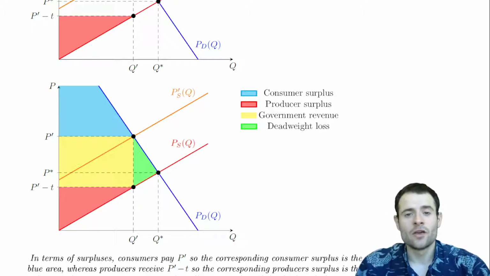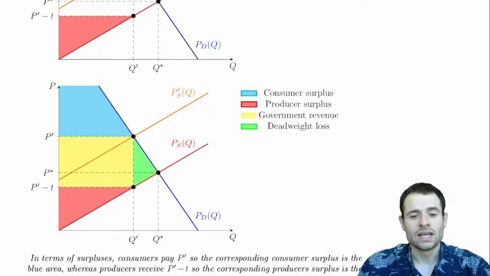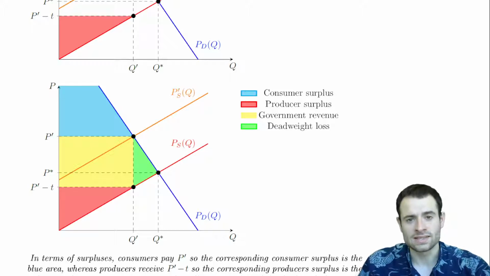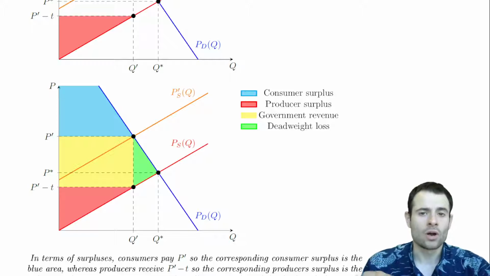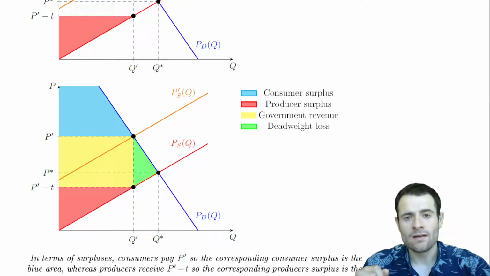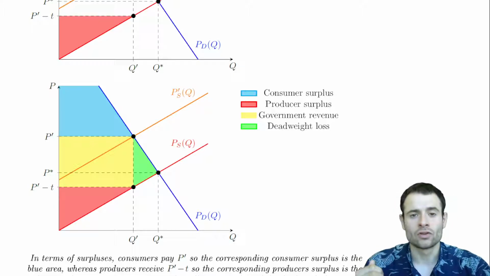Again, it is a very powerful result that says it doesn't matter if you tax producers or consumers. What matters is who is more elastic. The part of the market which is going to be more elastic will have a lower burden of the tax.